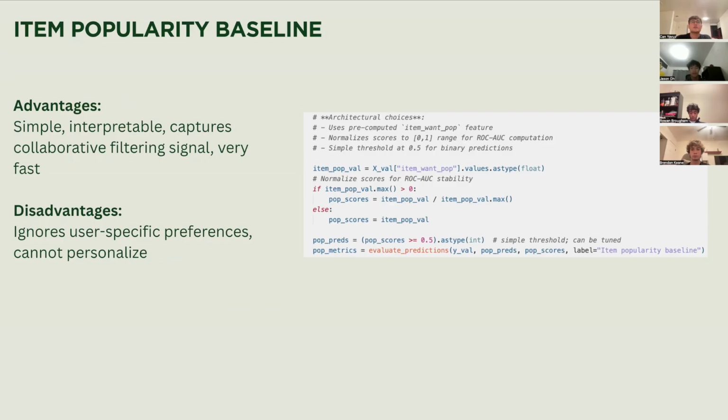So it has a high ROC AUC of 0.8733, which is surprisingly competitive. But the reason why it fails on other metrics is because it completely ignores individual preferences, and it rarely predicts positive for low popularity items. And that's why the precision and recall is low.